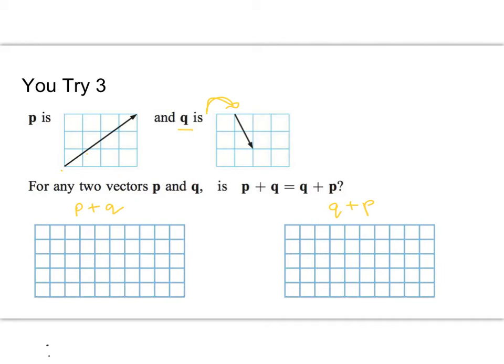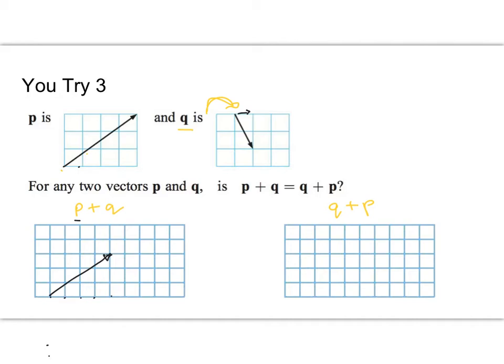Okay, so for vector p, right here, I'm going to start with p, and then I'm going to add q to it. I need to go over 4 units and up 3. So 1, 2, 3, 4, up 3. That puts me about there. And then vector q is right 1, down 2.